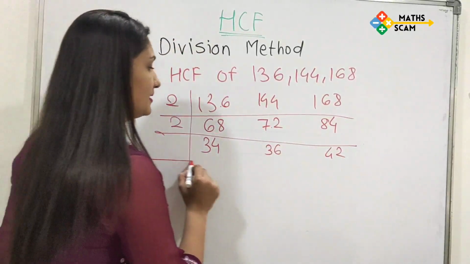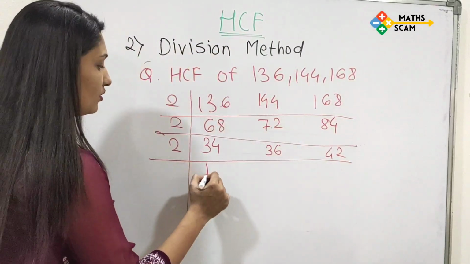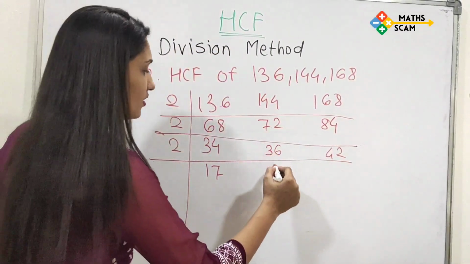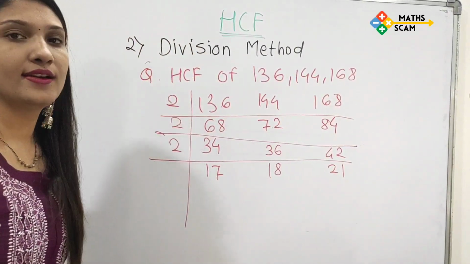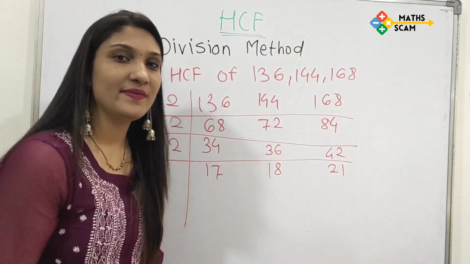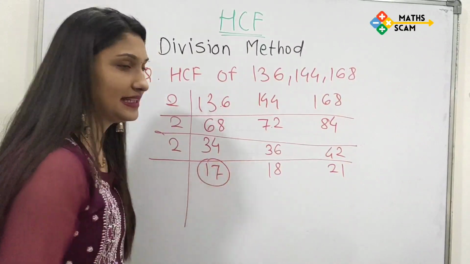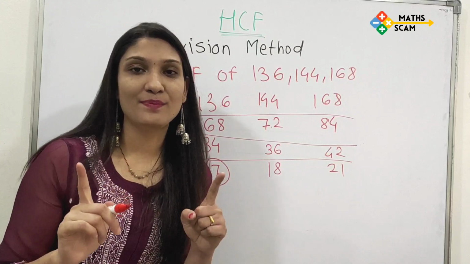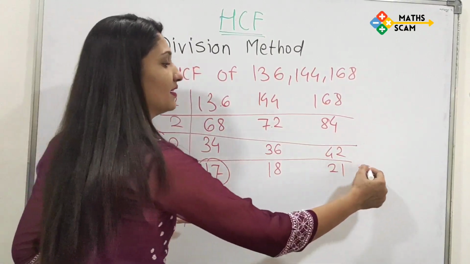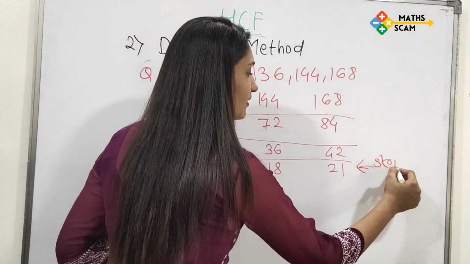Next is again 2: 2 17s are 34, 2 18s are 36, 2 21s are 42. Now here we got 17 as a prime number. We got one prime number, that means stop.